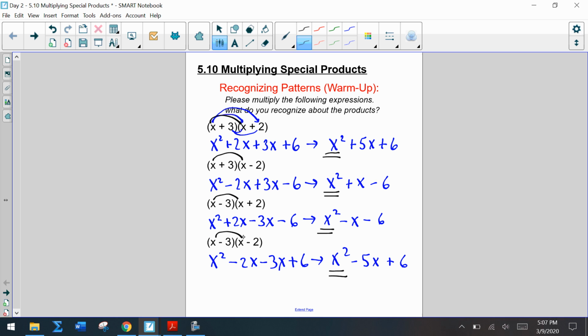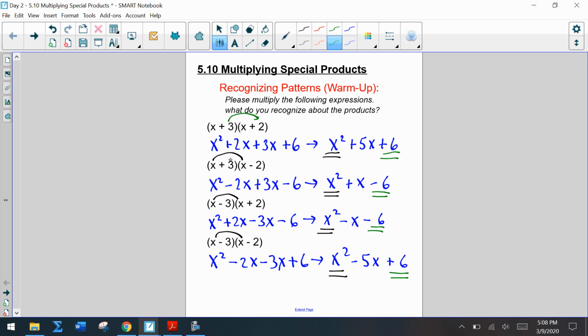And now, what about the last term? What do you notice about the last term? Right, they're all 6, but the first and last are plus 6, and then the middle ones are minus 6. So let's see what is happening inside of those products, of the factors. For this first one to be plus 6, we have plus 3 and positive 2.